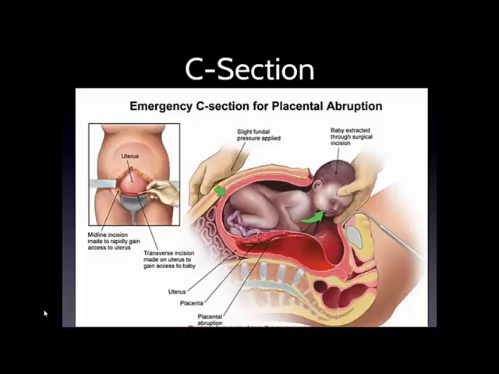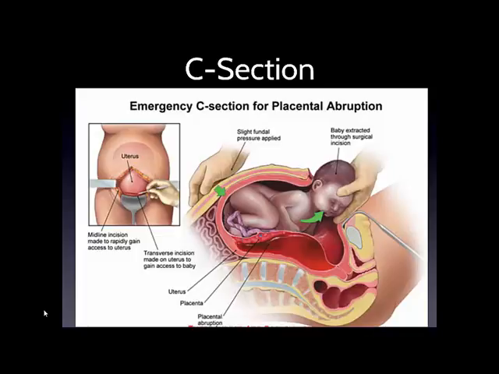Its oxygen levels may be going down, its heart rate may drop, and there may be reasons why they want to get the baby out as quickly as possible. It might not be moving through the birth canal very quickly, and they need to take it out more quickly. And so then they might do a C-section, a cesarean section it's called. A C-section is basically removing the fetus through surgery rather than having the mother give birth vaginally.